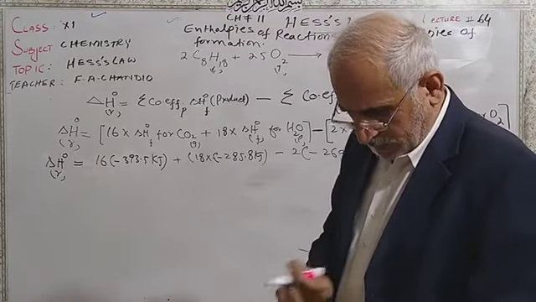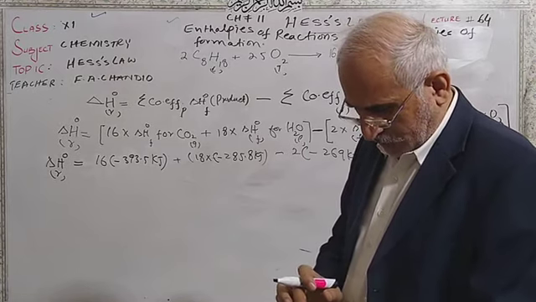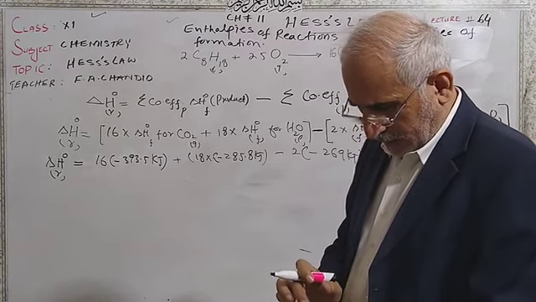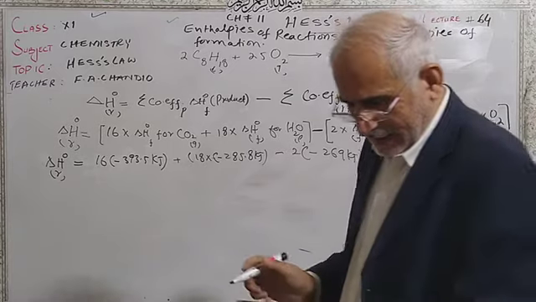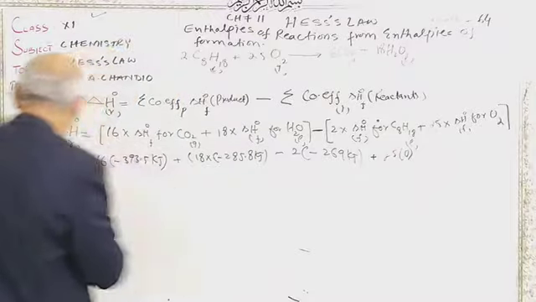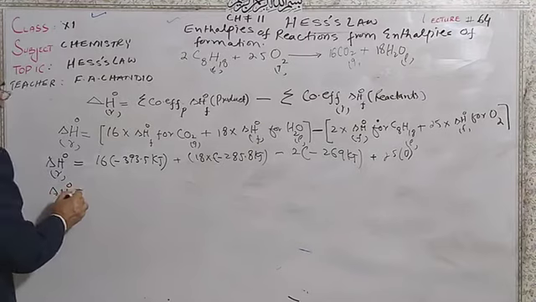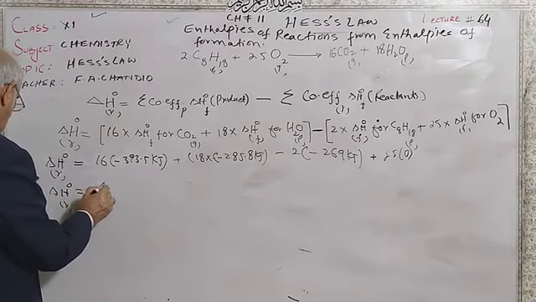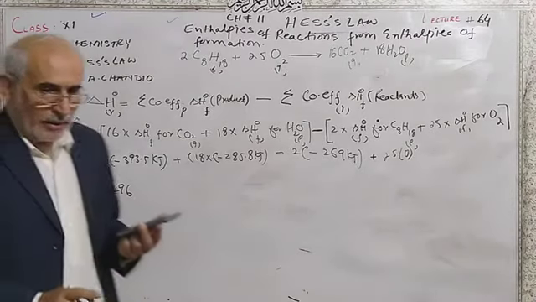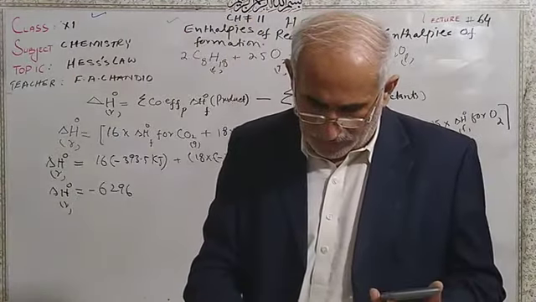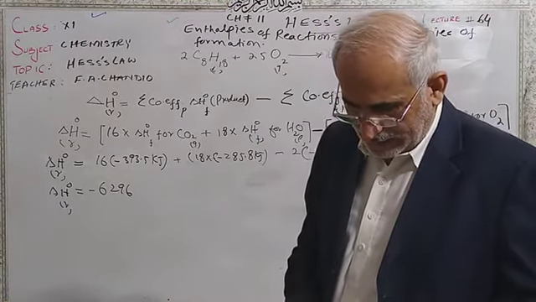Now if you solve this, 16 multiplied by 393.5 gives about 6,296. So delta H naught reaction is equal to minus 6,296 for the carbon dioxide gas.